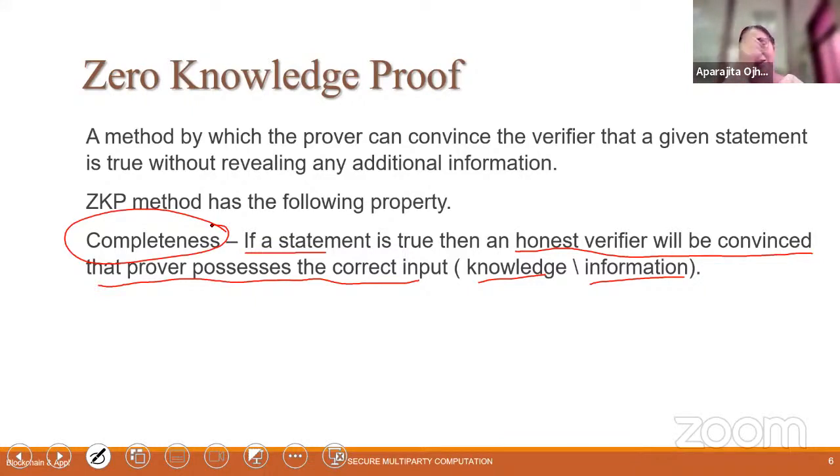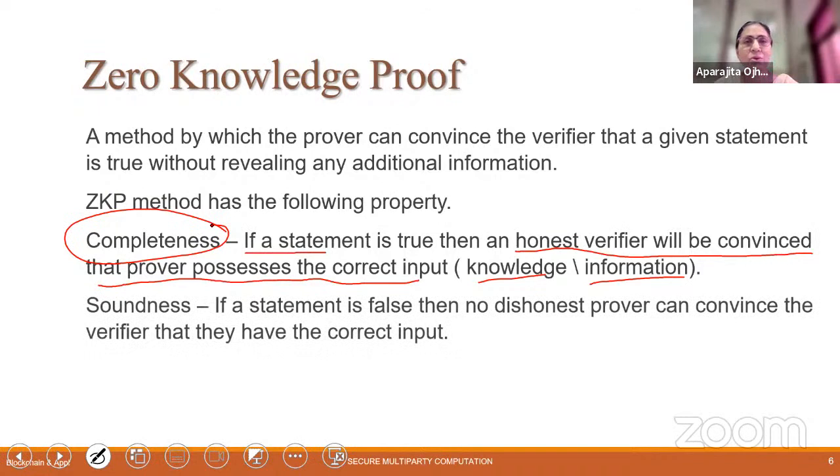That property is known as completeness. So if you wish to develop any method for zero knowledge proof, then you must show that this method is complete. The second property is known as soundness. Soundness means if a statement is false, right? Suppose I'm trying to prove that aojha@iitdmj.ac.in is my email account, and suppose that statement is false, then no dishonest prover can convince the verifier that they have the correct input.